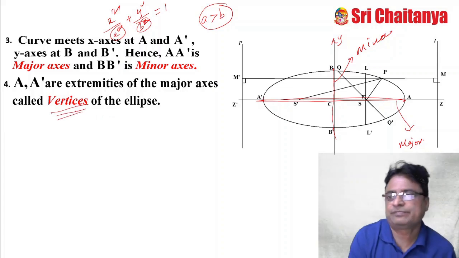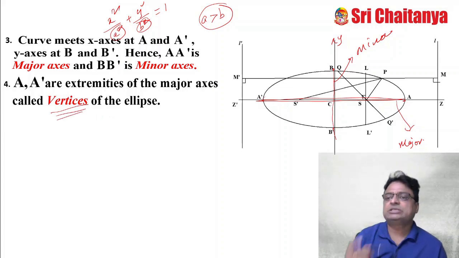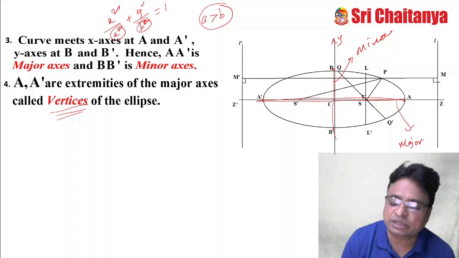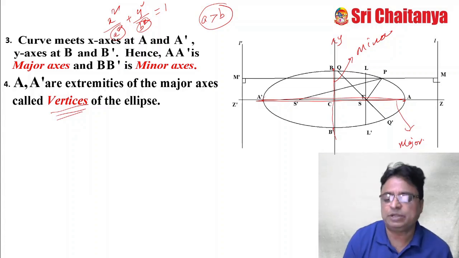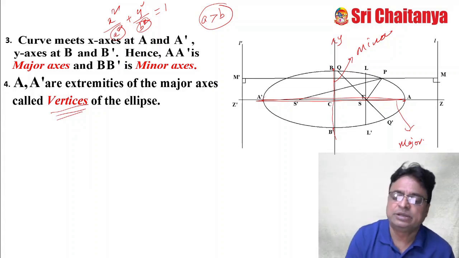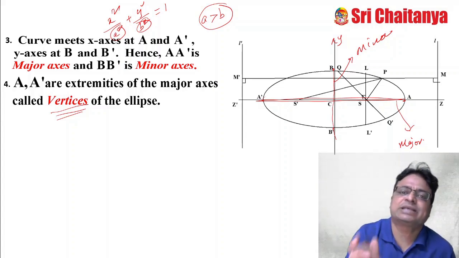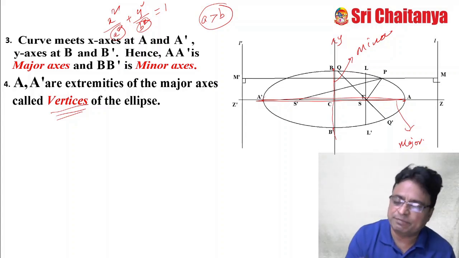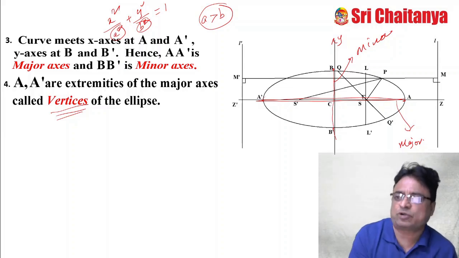These extremities are also called the vertices of the ellipse. So if anybody asks you what the vertices of the ellipse are, immediately you can say that they are where the ellipse meets the x-axis. This is the general ellipse I am talking about.